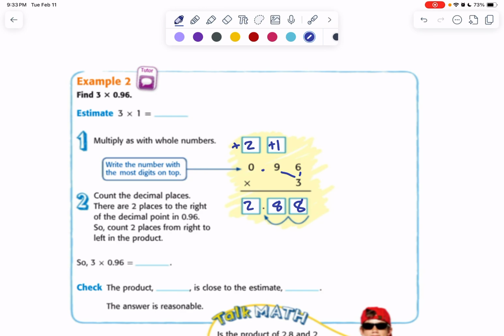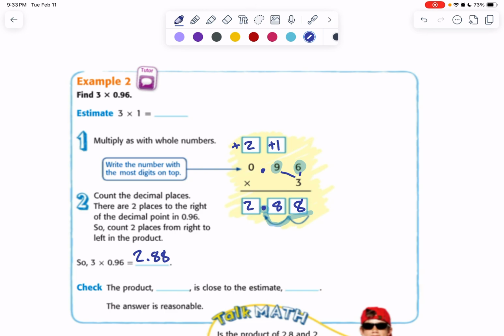It could almost look as if this decimal were brought straight down, but that is not the case. We count how many digits are to the right of the decimal, which in this case is 2. Then we start on the far right, move our decimal 2 places over, which puts it here. So 3 times 96 hundredths is 2 and 88 hundredths.